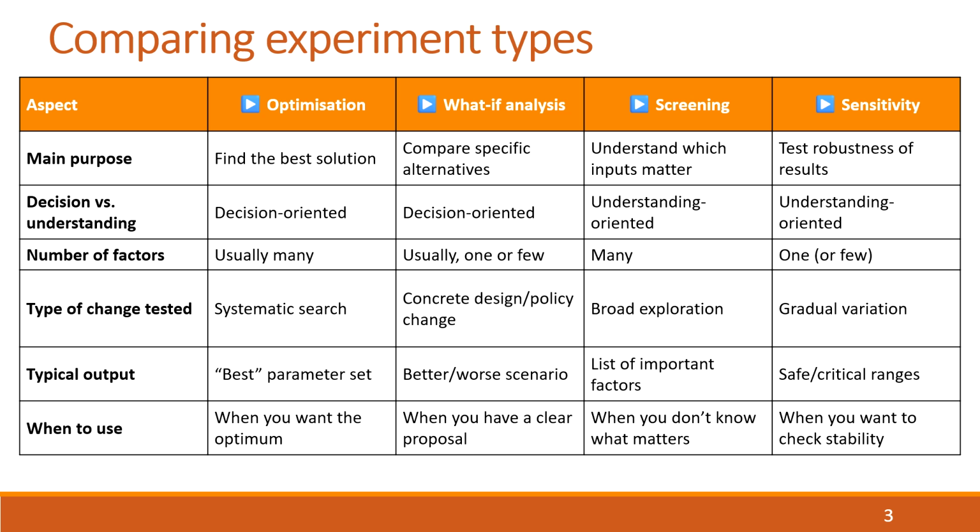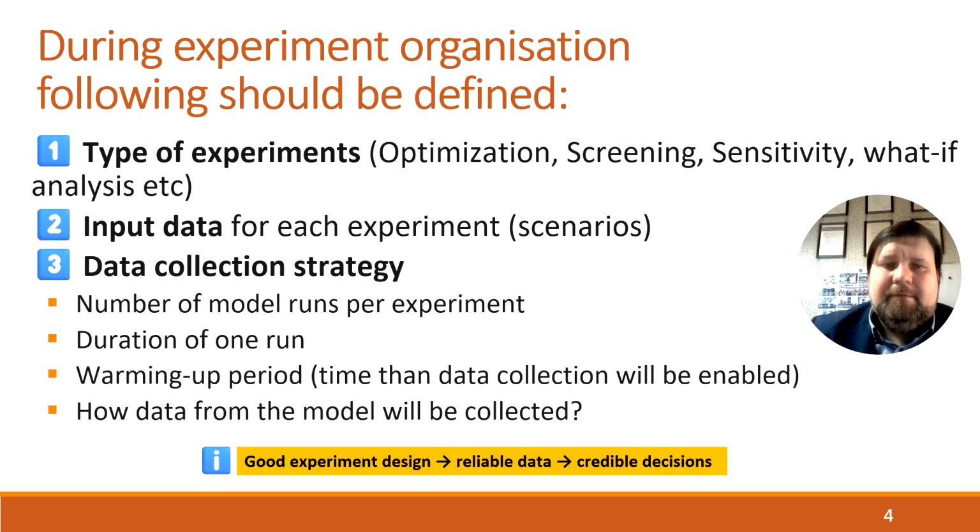So please press stop and explore the table. I believe it is a very useful source of information to catch up which type of experiment would be valuable in the frame of your research or your project.